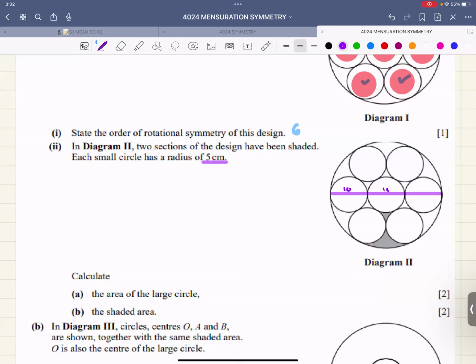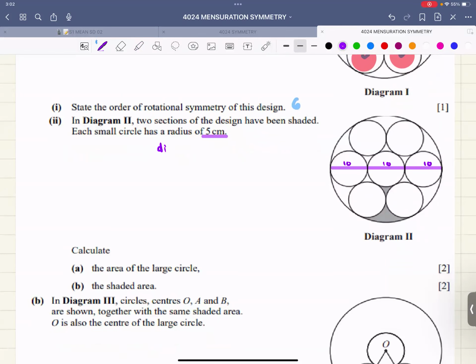This is 10. This is 10. This is 10. So the diameter of the large circle is 30. Therefore, radius of the large circle is 15. That's the first thing. Area of the large circle is pi into 15 square, which is 225 pi. I'm leaving the answer in terms of pi unless otherwise needed.